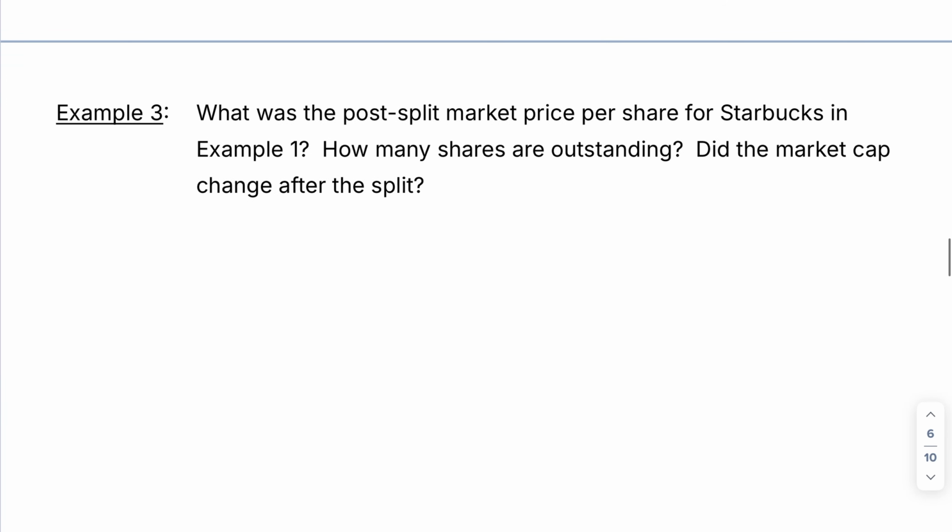All right, now in example 3, the question here is, what was the post-split market price per share for Starbucks from example 1? How many shares are outstanding, and did the market cap change after the split? Now to look at the post-split market price, we would have to take the pre-split market price, which was $95.30.